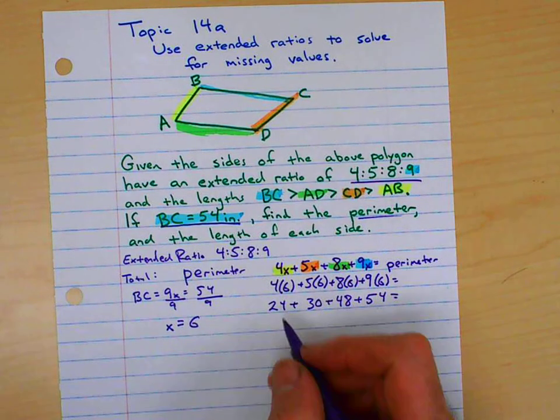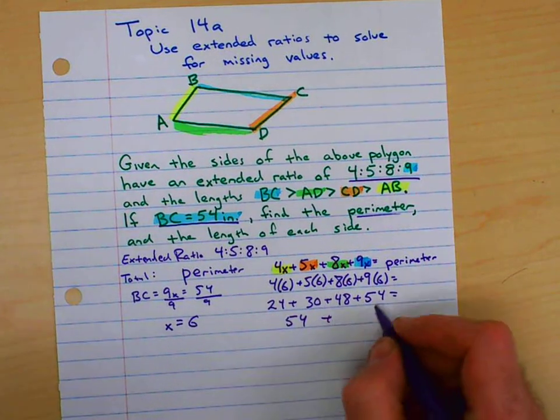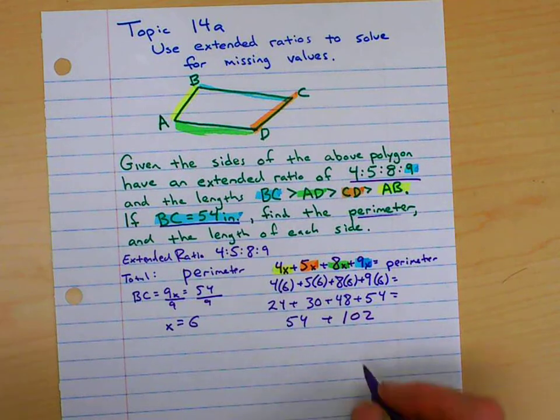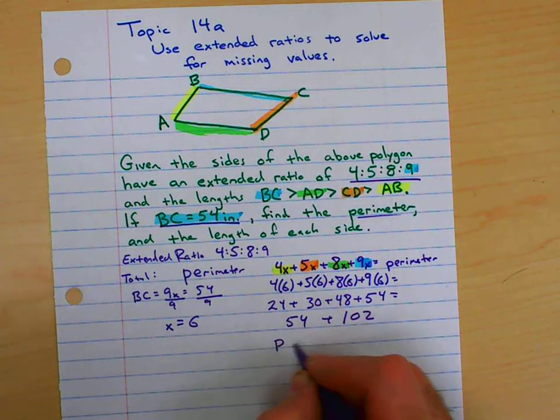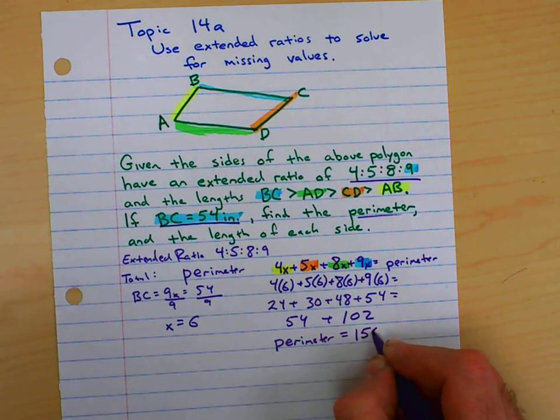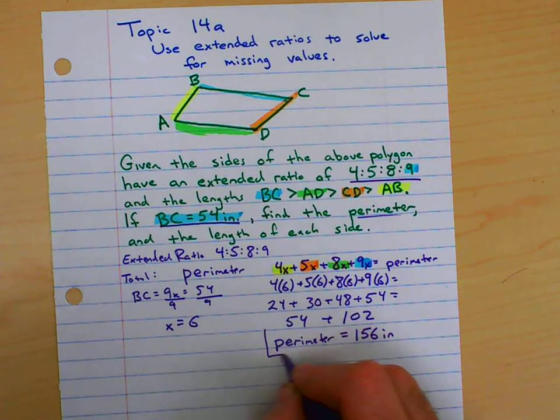What I would normally do is add a couple of them and add a couple more. So 156 is our perimeter. We had been given units, so we can say that's inches. I always like to name the units if they gave them to us.